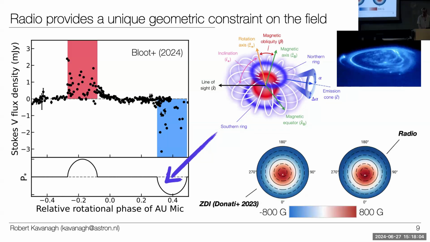And this is something that we didn't actually make a big point of in the paper, but it's actually very cool. This is the magnetic field topology from ZDI during the same time as the radio observations, and this is what we inferred from the radio. So it's very consistent, even with this simple model. That is nice.